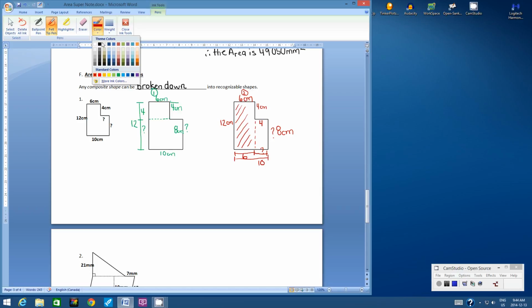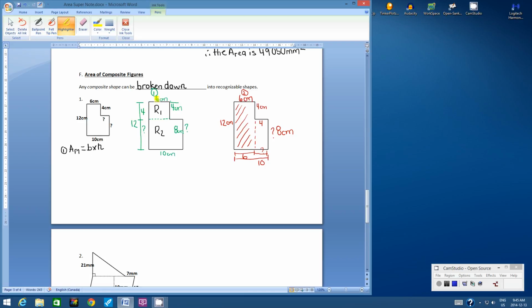I'm going to use strategy 1. I'm going to call this rectangle 1 and this rectangle 2. Let's begin. The first part of our solution: area of rectangle 1 equals... If we remember, the formula for area of a rectangle is base times height.